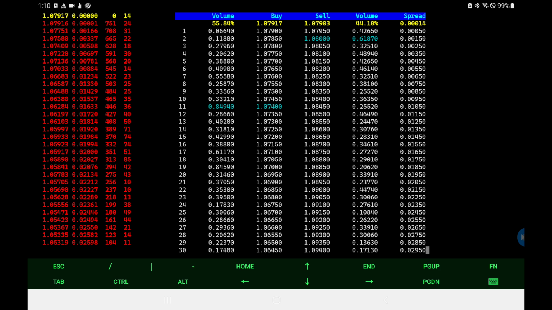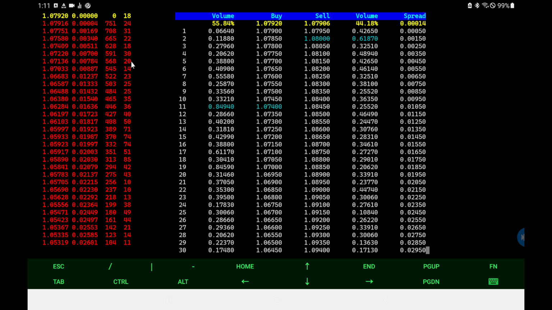So let's talk about the tool we have on the screen right now. Right here on the left-hand side is my bid price or buy price, and then all of my current positions. The spread from the bid price, the actual number of units I have in that position, and the frequency or count that price has occurred in my analysis.